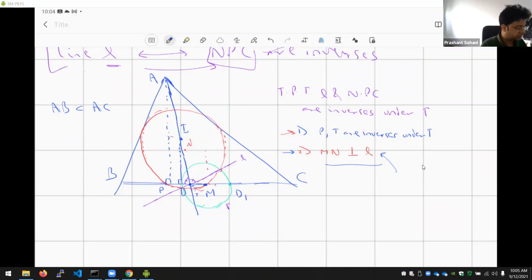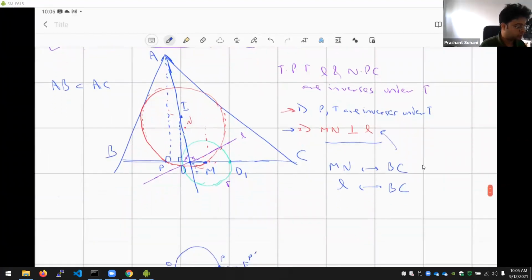Okay, so what we are interested in is the angle between Mn and line L. We will do it in two ways. We'll first look at the angle of Mn with line BC and the angle of L with line BC. So we'll use BC as the reference to find all the angles of our interest. If we do that, then the problem will be easier to track.